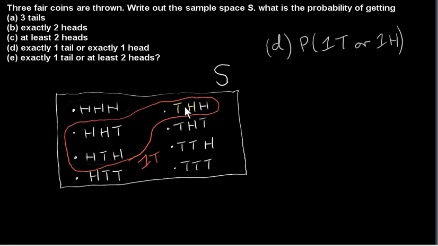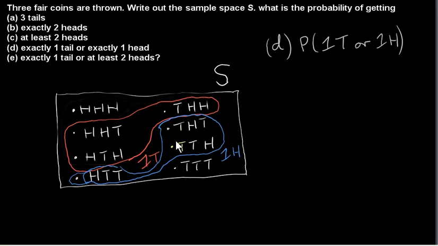Now let's look at 1h. Well, here is an event consisting of 1 head. So the event 1h has these 3 outcomes. This is 1h.